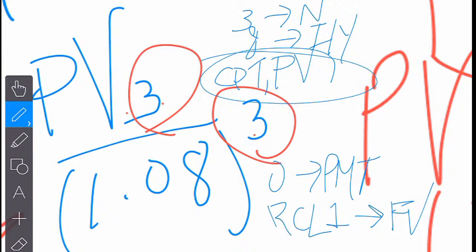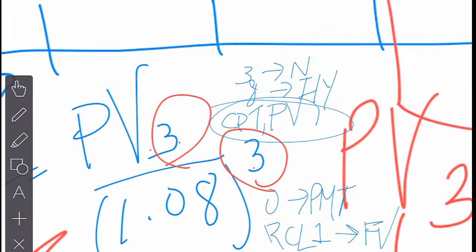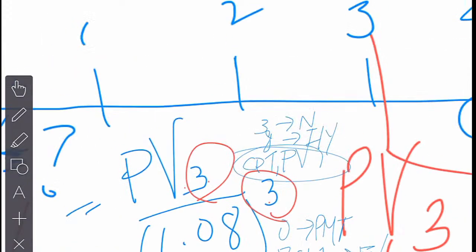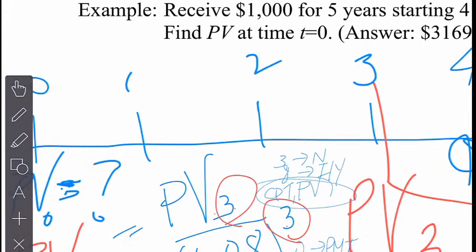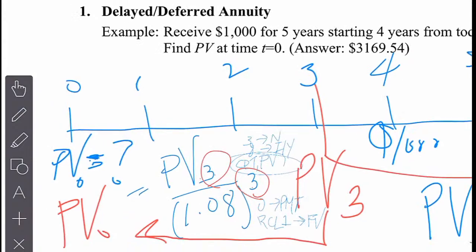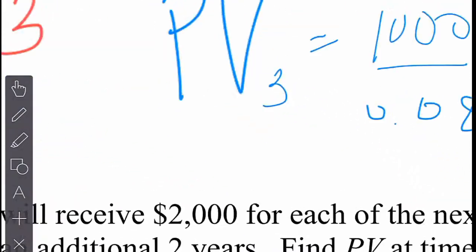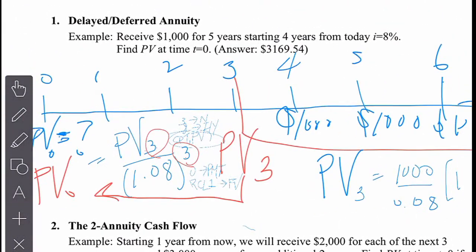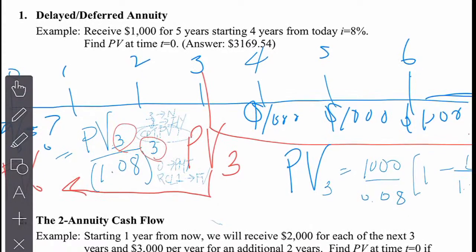So this is how I want you to answer questions. You don't have to show me these calculations, these data entries into your calculator, but you might want to write them out for yourself. I'm writing them out for instructional purposes right now. Okay, so that's just a reminder of how to do that. If you don't want to do all that and all you want to do is divide by 1.08 to the power of 3 using y to the x, you can do that too.